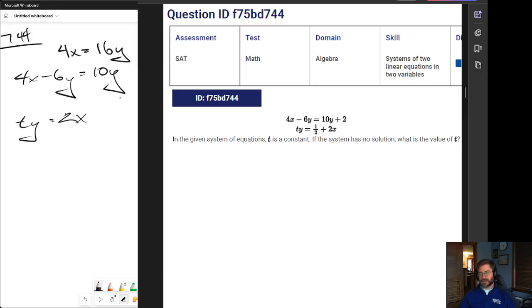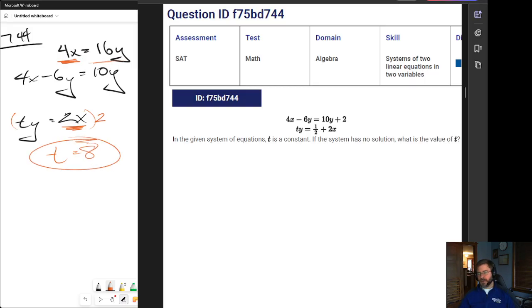Here's a neat SAT trick. Notice that this number here is exactly twice as big as that number here, and otherwise these expressions are identical. 4x equals 16y, 2x equals ty. Think about it. If I just multiply this by 2, we get to that expression. So t times 2 is 16, meaning t is 8.